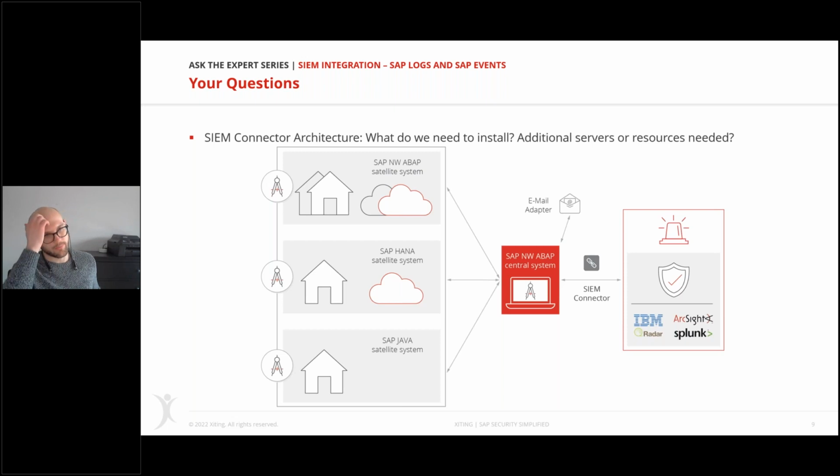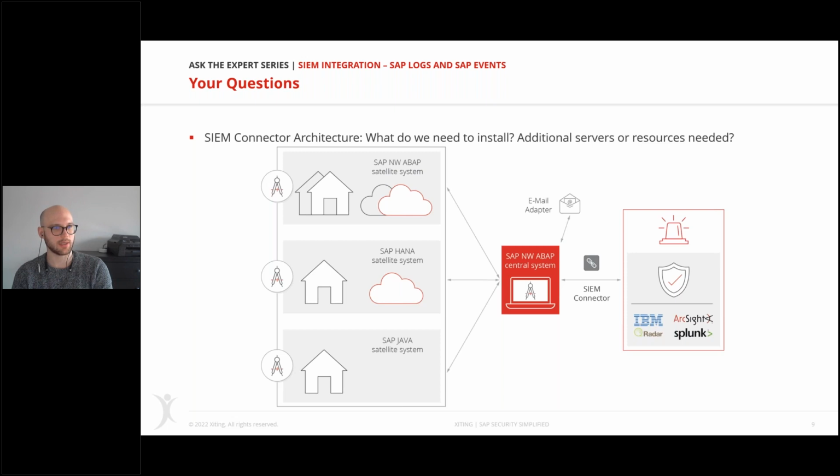Then what also was asked up front is what do we need to install for the SIEM connector, or do we need any additional servers or resources when using the Xiting solution? What you see here is the architecture of this solution. So we deliver our solution to customers, and they need to import it to their SAP systems, or deploy a deployable archive, for example, for the Java servers.